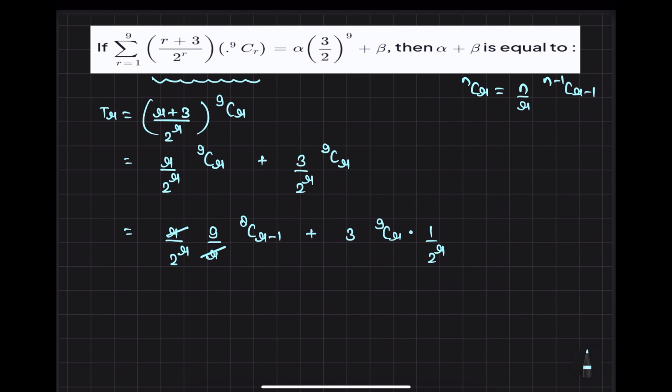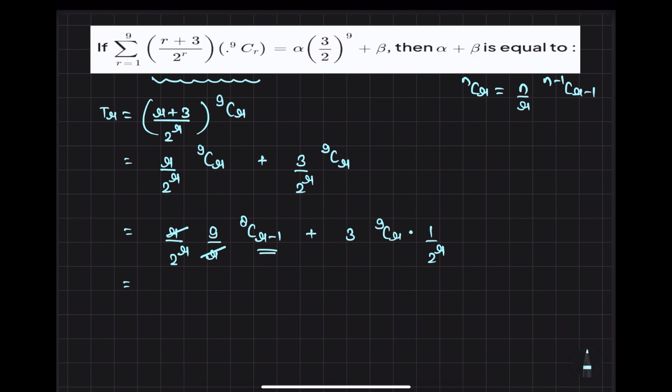Now look at this thing. Here we have r minus 1. Okay, and look at the power of this 2. So what I will do, I will take 2 common from here so that we can make the power the same as the lower subscript.